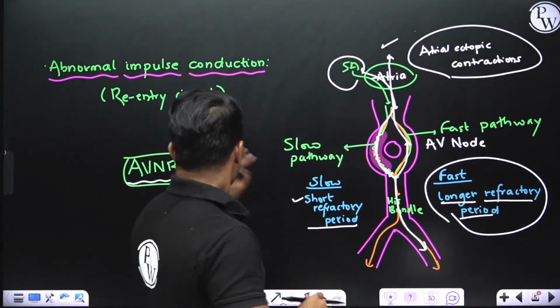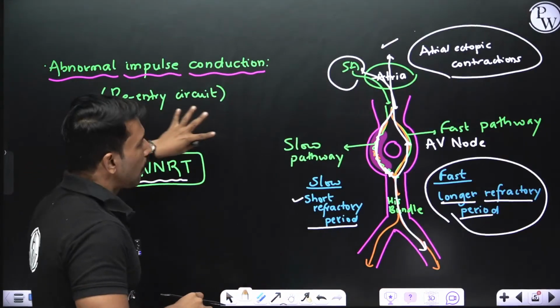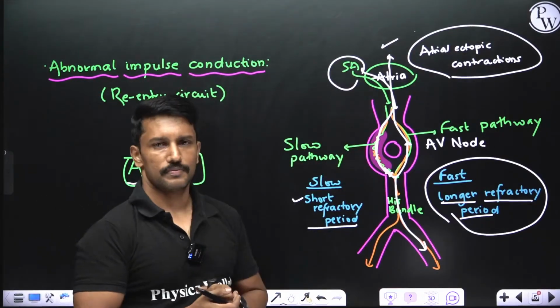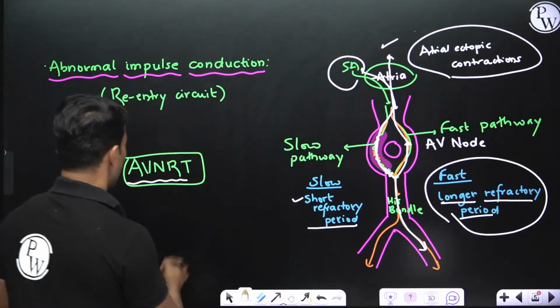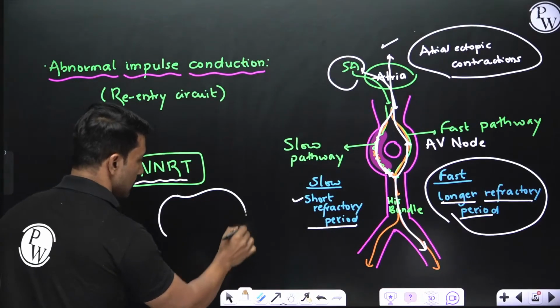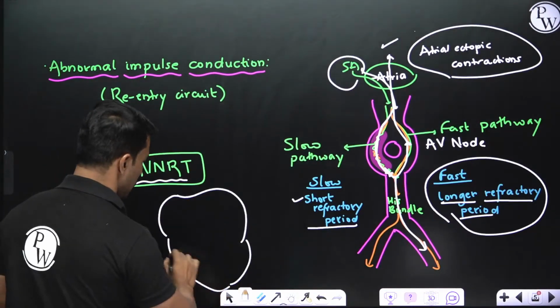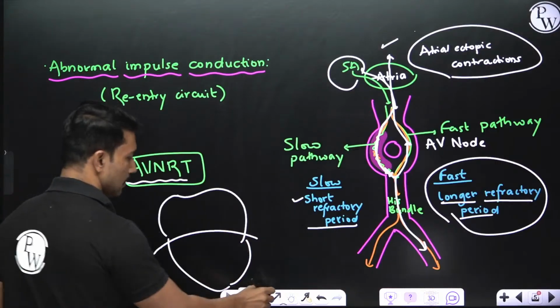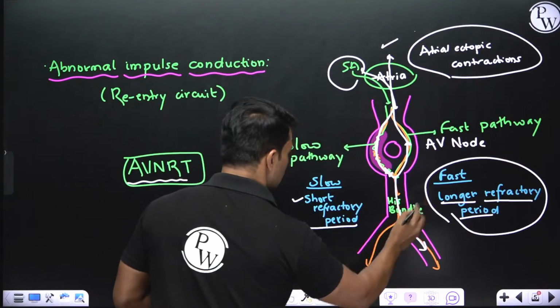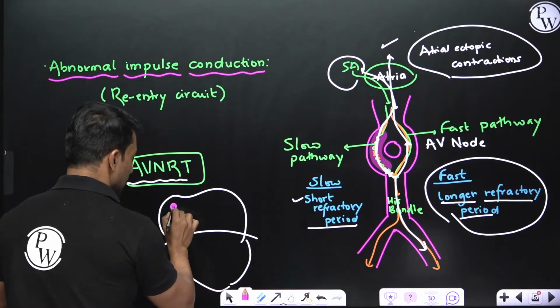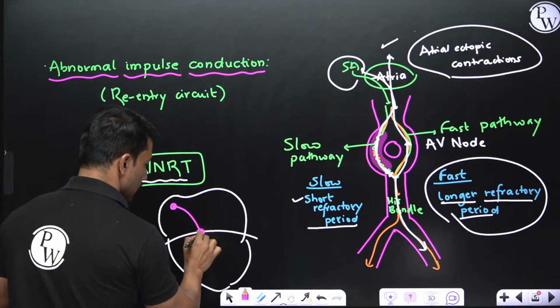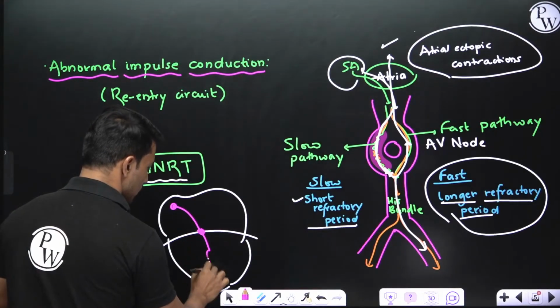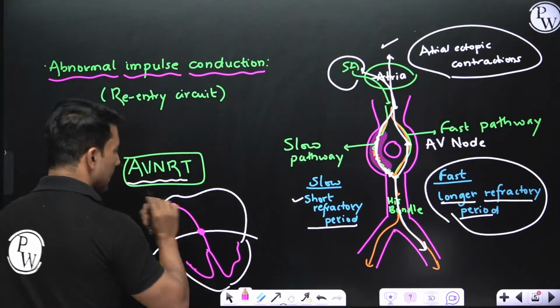Clear? Now the re-entry circuit need not always happen through the AV node. It can also happen through accessory pathways. For example, we have studied WPW syndrome, right? So what is happening in WPW syndrome? Normally the atrial electrical activity cannot pass to the ventricle. It can only pass through the AV node.